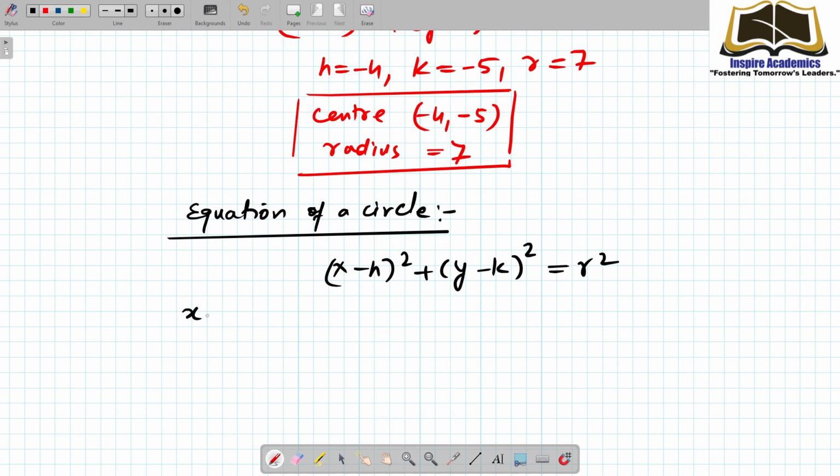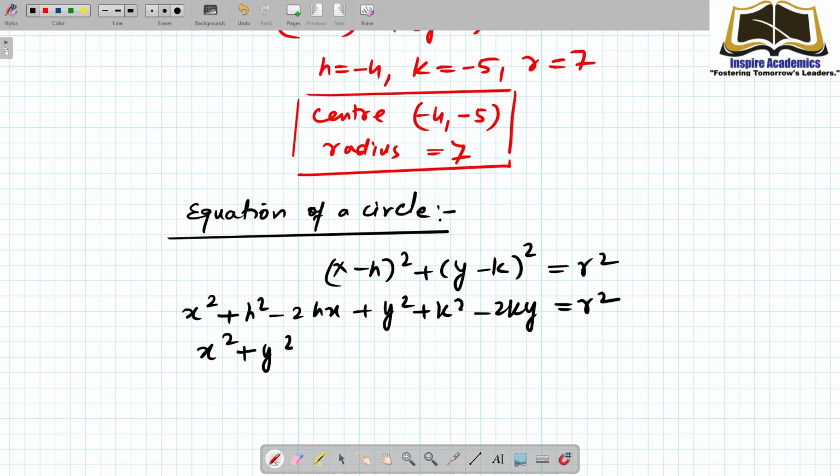Let us open up these squares. x square plus h square minus 2hx, y square plus k square minus 2ky is equal to r square. We will write x square plus y square minus 2hx minus 2ky plus h square plus k square minus r square equal to 0.